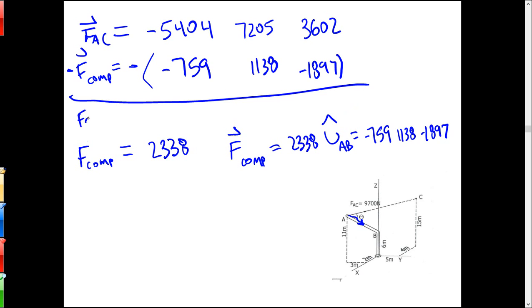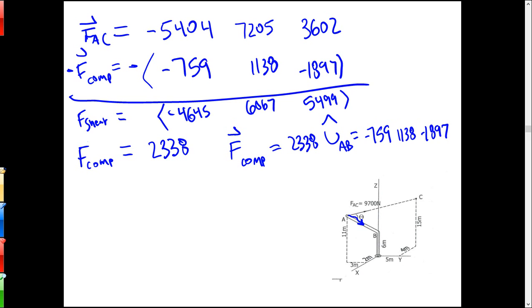And the shear vector then comes out to be negative 4645, 6067, 5499. That's what I got.